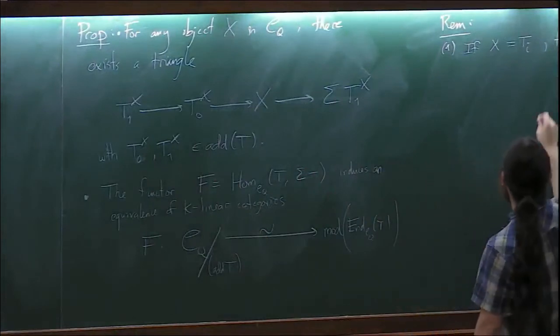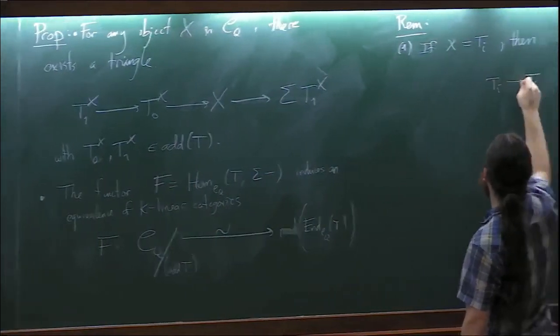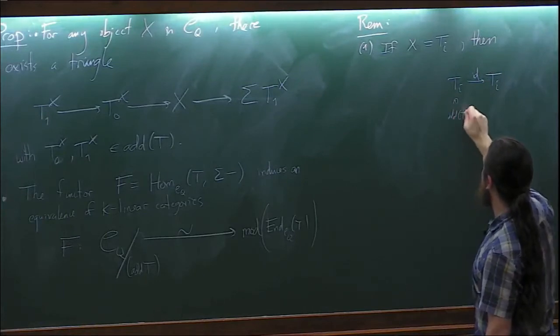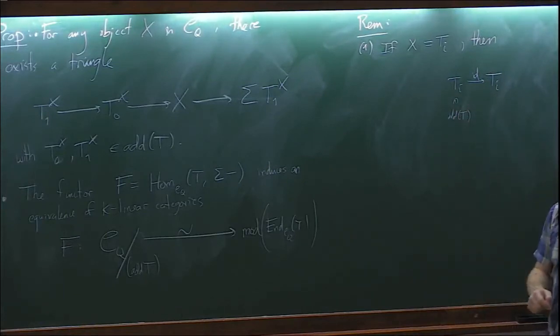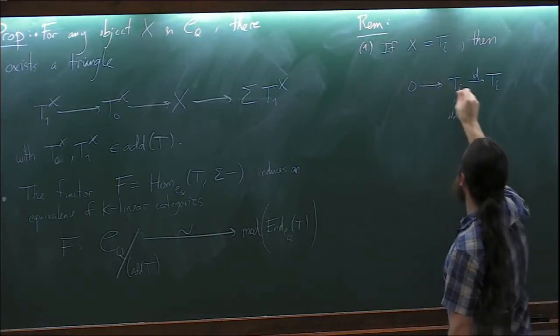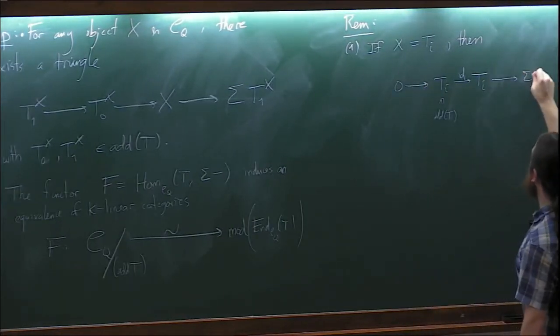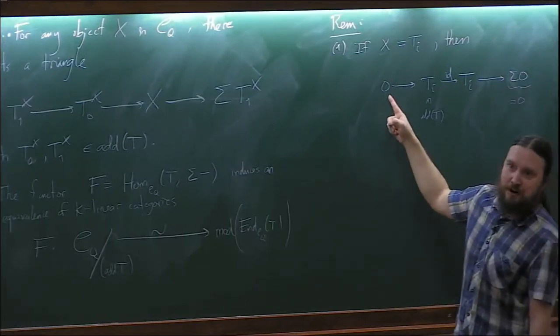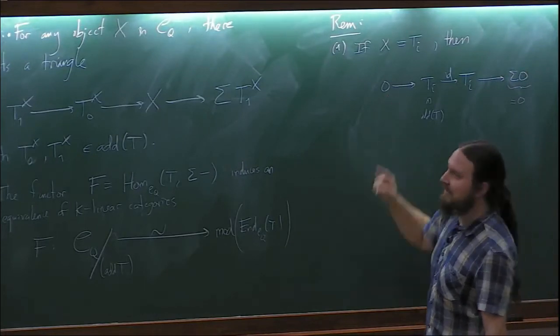Well, here is one. Take the identity from Ti to itself. This is in add T by definition. And complete this into a rotated triangle. So you can put a 0 here, and the suspension of 0. The suspension of 0 is 0, yes? And 0, of course, is in add T, yes?